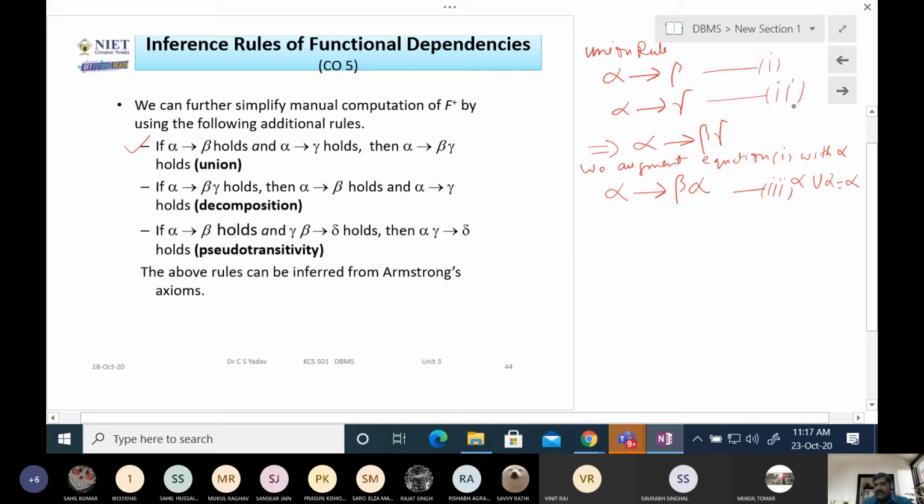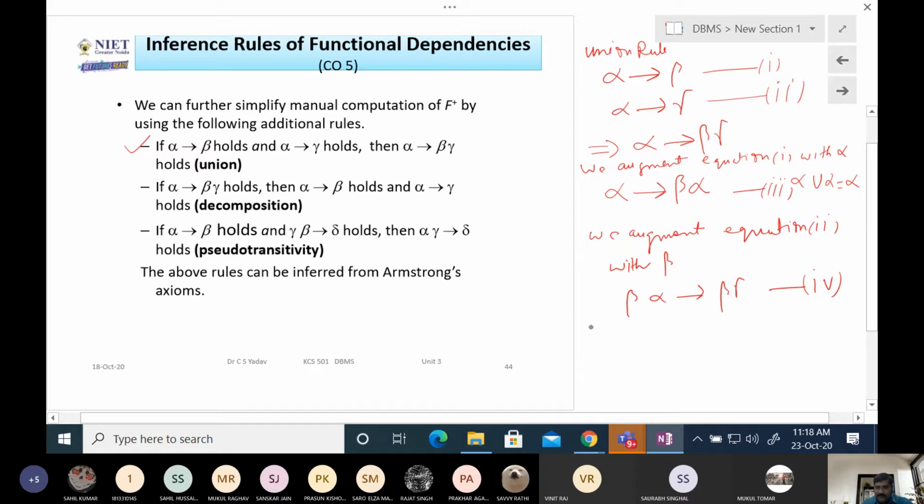Now the second equation, we augment with beta on both sides. We augment equation 2 with beta. Then we will get beta alpha determines beta gamma, and this is equation 4.